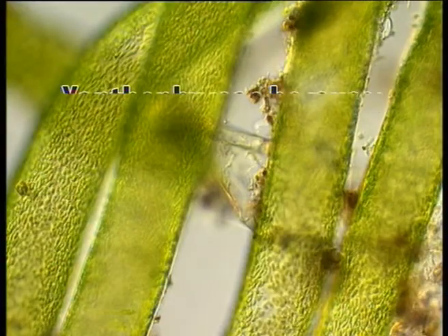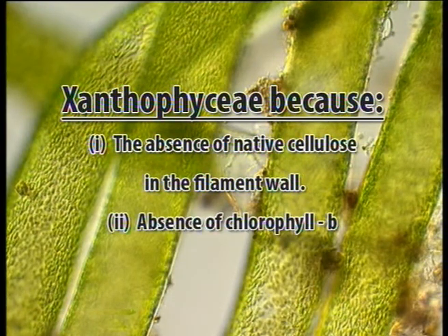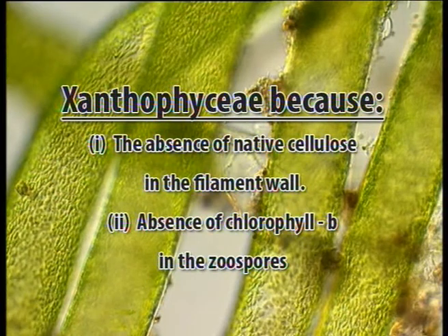Many algologists at present favor inclusion of family Vaucheriaceae with single genus Vaucheria in the class Xanthophyceae. The arguments advanced in favor of this are: number one, the absence of native cellulose in the filament wall.